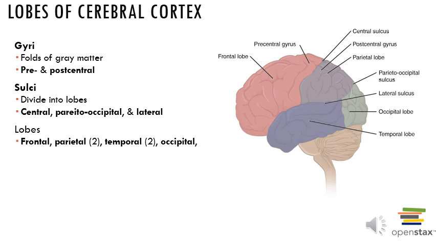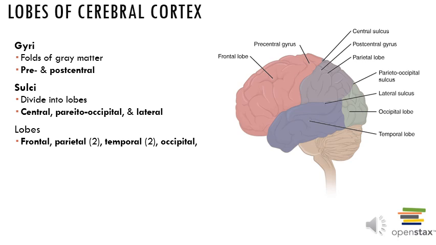We mentioned the longitudinal fissure that divides the cerebral cortex into right and left cerebral hemispheres, but then I see sulci dividing the cerebral hemispheres into their constituent lobes.